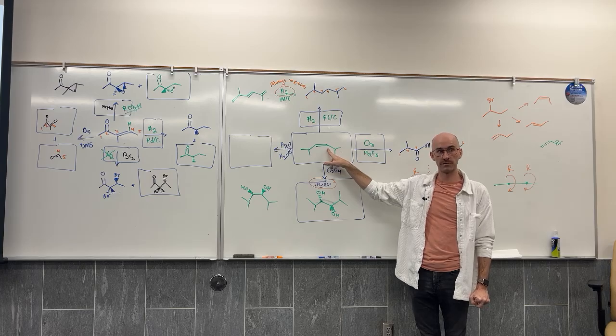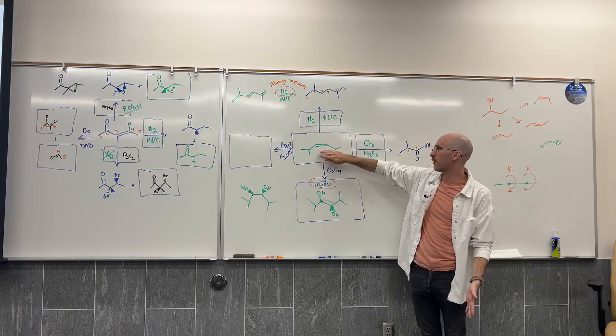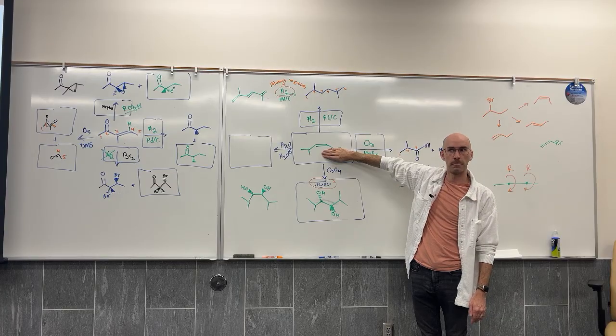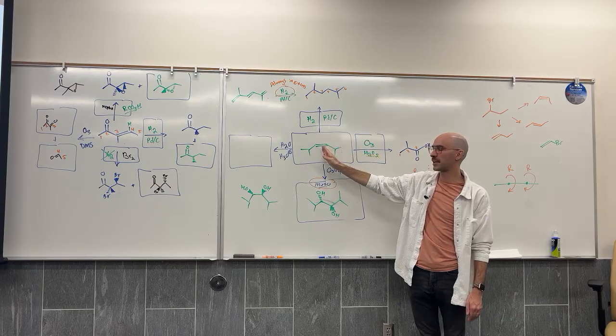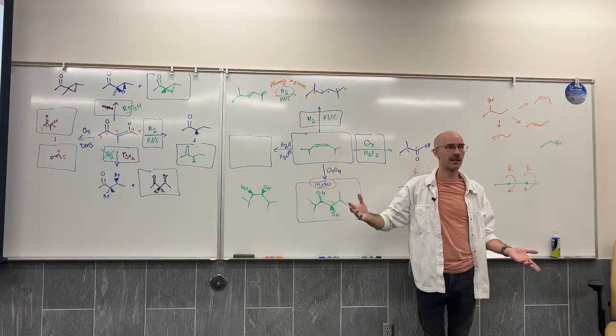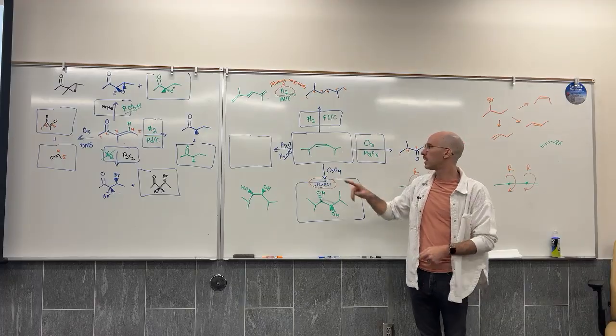Both are possible, which means I might get structural isomers, if one side of my structure was structured differently. But because this is symmetric, if it adds to one side or the other, those aren't structural isomers. They're actually just mirror images of each other. They are the same thing.